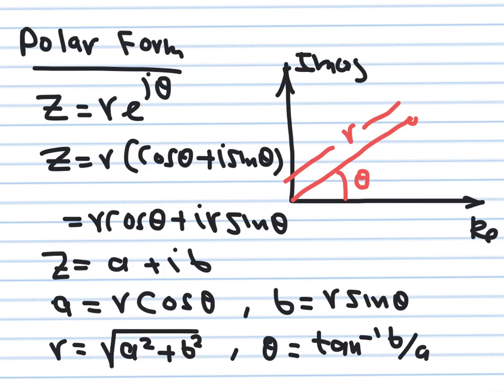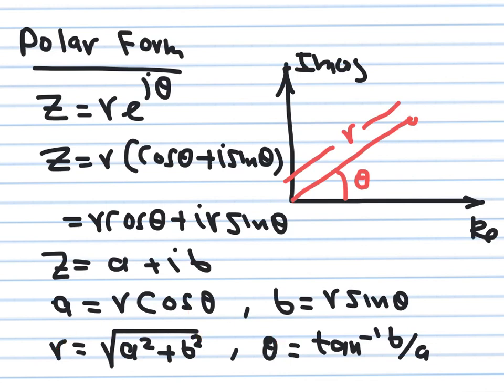And if you want to get the angle theta, simply divide this one by this one. You see that the r will cancel with r. Sine theta over cosine theta will give you tan of theta. So theta will be the inverse tangent of b over a. So if I know r and theta, I can get a and b from this one. If I know a and b, I can get r and theta from these relationships.